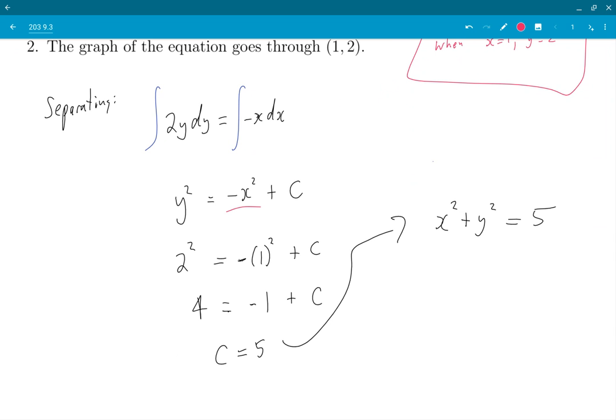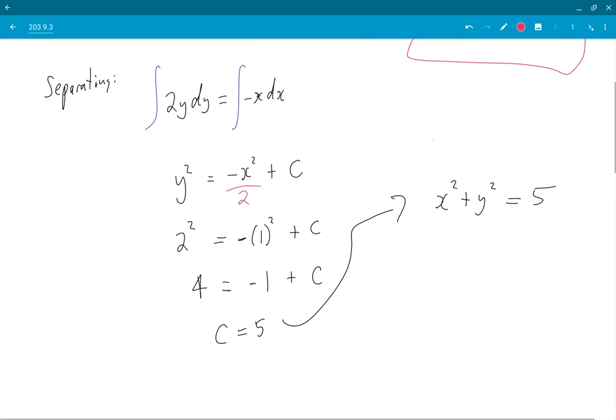Well, it's best just to admit that you were wrong. So it should be divided by 2 right there, right? So this should be divided by 2, divided by 2. And then not 5 halves, but 9 halves. 9 halves. 4.5.